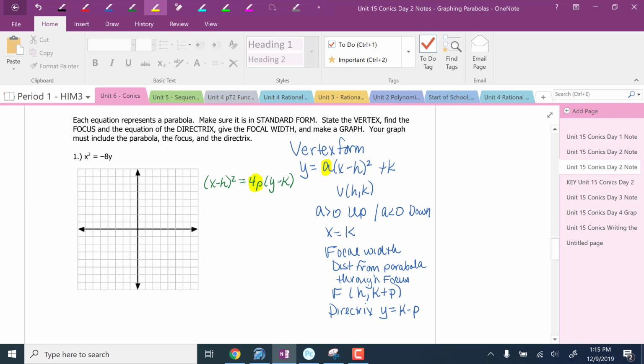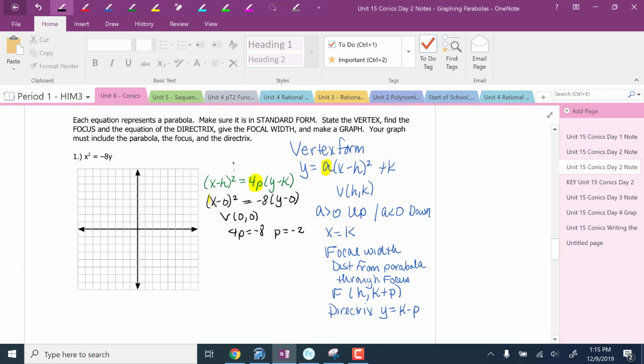And that looks like the form that we have here. If I rewrote this one, I'd have (x minus 0) squared equals negative 8(y minus 0). So here my vertex is at 0, 0. I set 4p equal to negative 8, meaning p is negative 2.